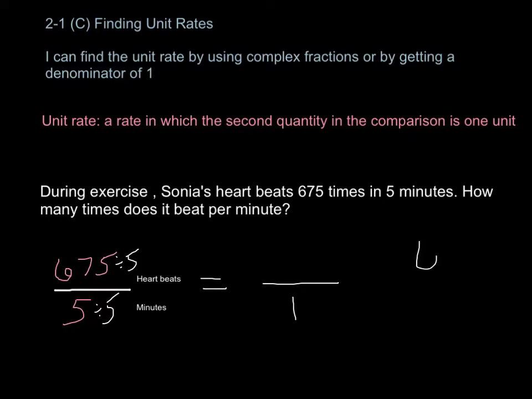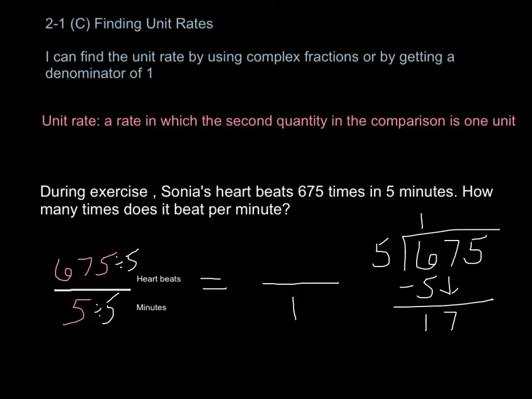So let's just go over here real quick. It's good to practice our division. 675 divided by 5. 5 goes into 6 one time. Subtract 5. I'm left with 1. Bring down my 7. 5 goes into 17 3 times. Uh-oh, I might run out of room here. Oh, I think we'll be good. 2 remaining.